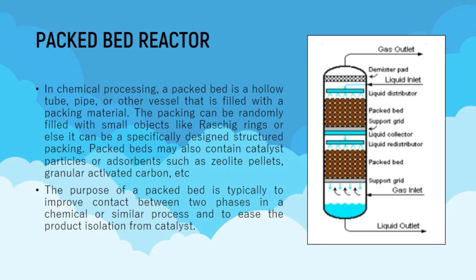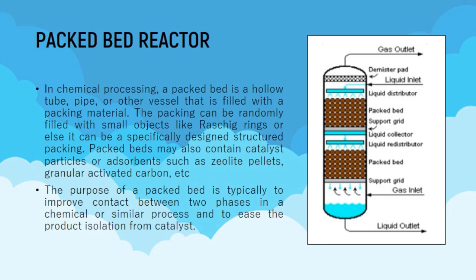Basically, in chemical processing, a packed bed is a hollow tube, pipe or other vessel that is filled with a packing material. The packing can be randomly filled with small objects like Raschig rings, or else it can be a specifically designed structured packing.